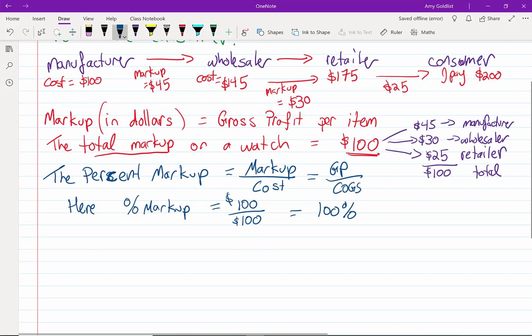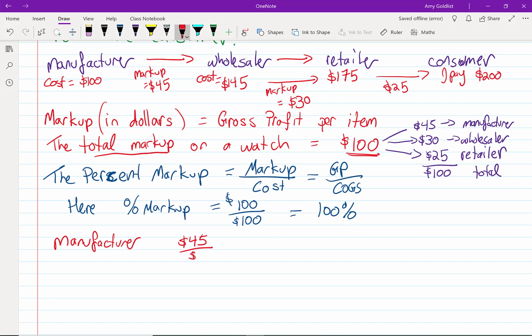But let's look at each individual one. So we have the manufacturer. Remember, the manufacturer made $45 over $100. That was the cost, so that's going to be a 45% markup.